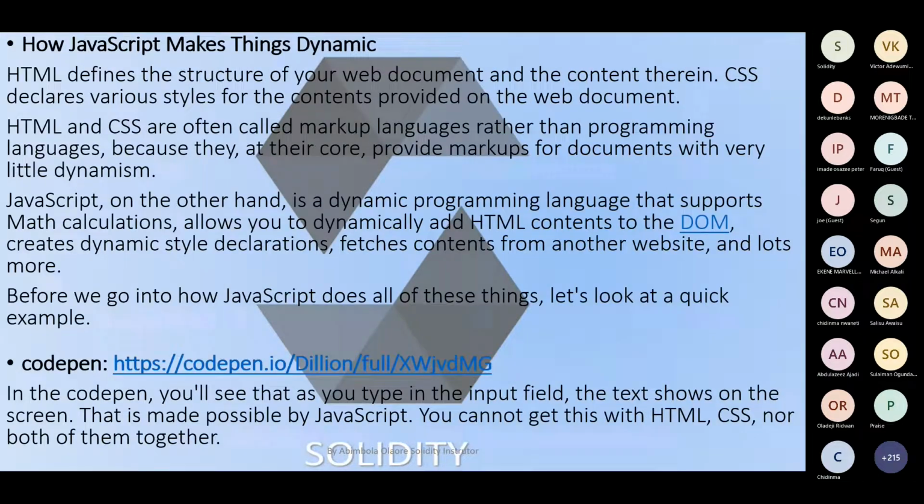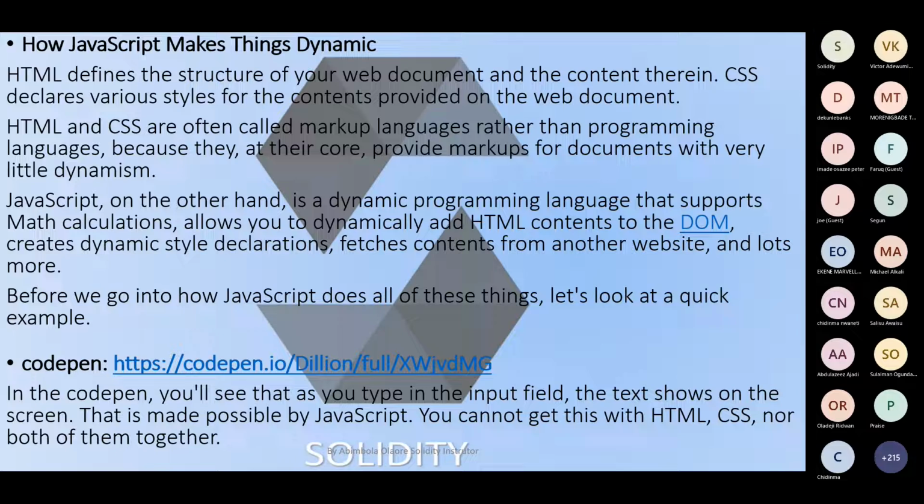How JavaScript makes things dynamic. HTML defines the structure of your web documents and the content therein, while CSS declares various styles on the contents provided on the web documents.